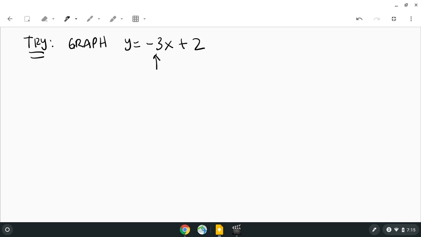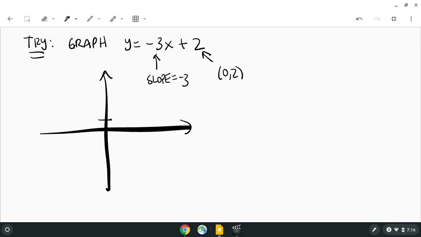Okay, so right here we have our slope. Slope equals negative 3, and our y-intercept is 0, 2. So let's go ahead and graph this. 0, 2 is right here. And then from there, my slope is negative 3. And negative 3 is the same as negative 3 over 1.